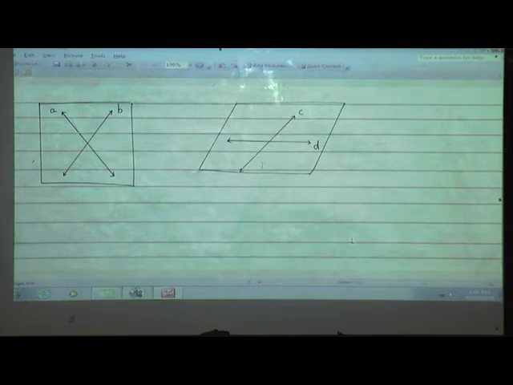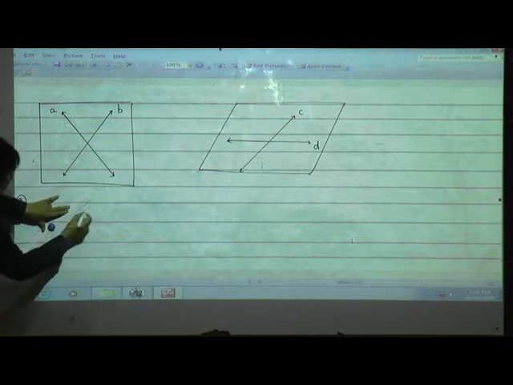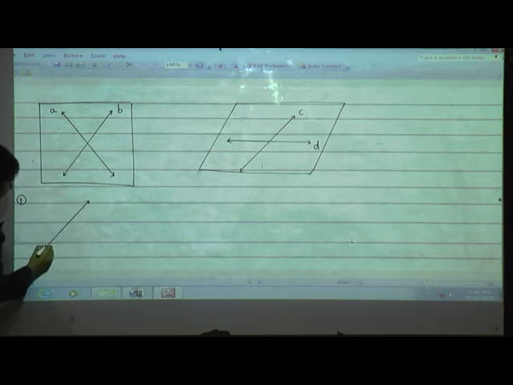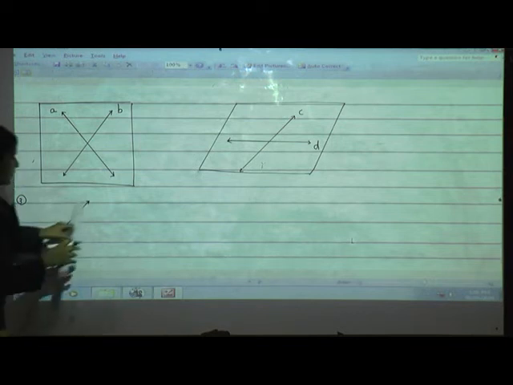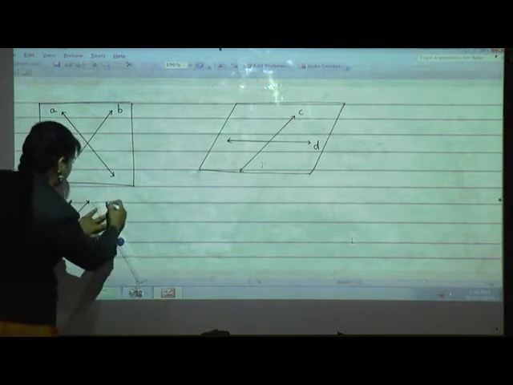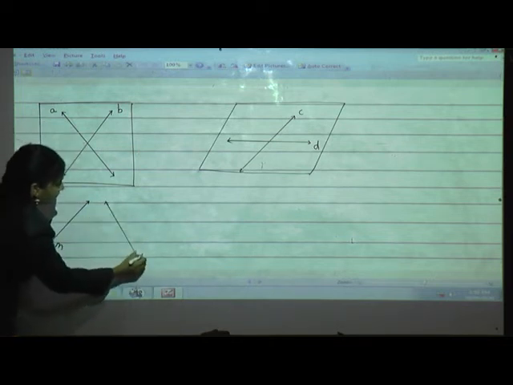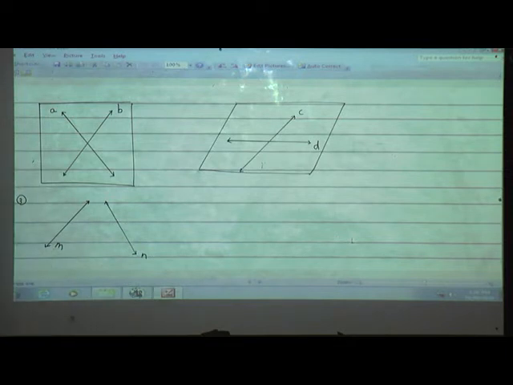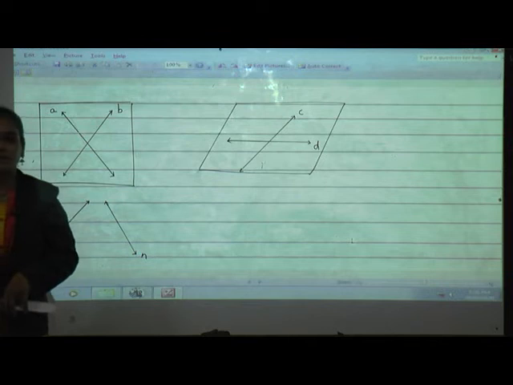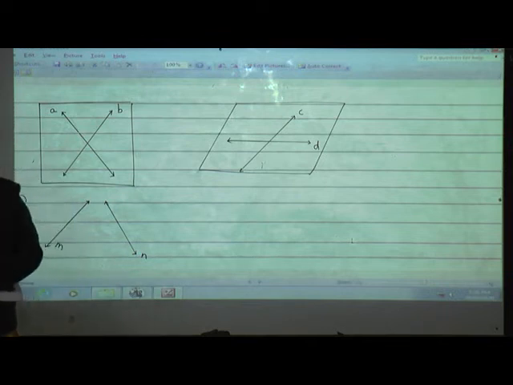Now we will see the third point. I am going to draw two lines. See here, line M and here also line N. Will you tell me, are they intersecting lines? Yes students, are they intersecting lines?